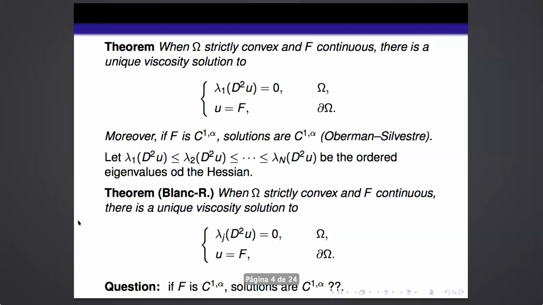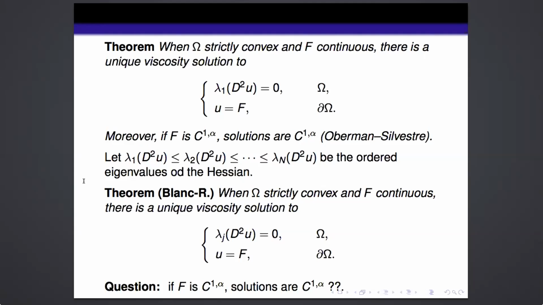Okay, what is known is that there is a unique viscosity solution to lambda 1 with boundary data equal to f if the domain is convex and the function is continuous. And when you go one step further and compute for lambda j, the jth eigenvalue of the Hessian if you order them, the smallest one is lambda 1, the largest one I call lambda n, and lambda j is something in between.